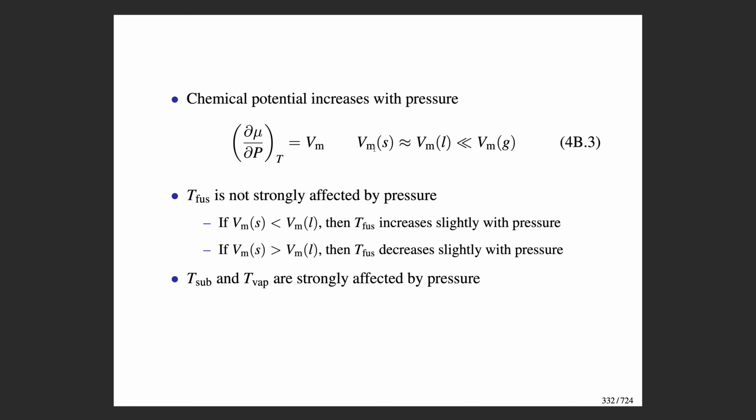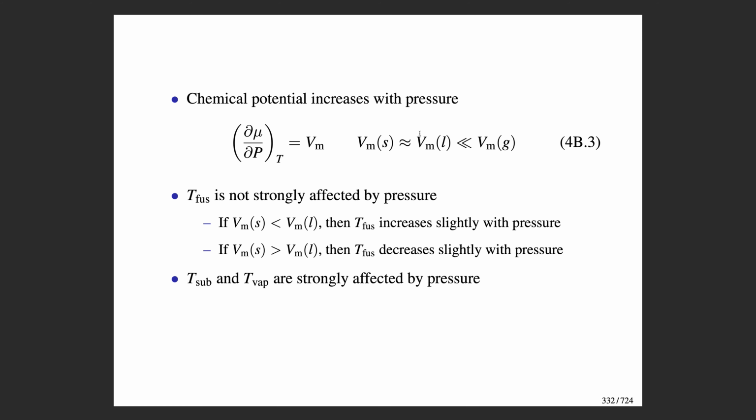For example, for water, it's the other way around. Ice has a larger molar volume than liquid water. Both of those, however, are condensed phases. These will both have much smaller molar volumes than a gas. Okay, and so that tells you something about this equation. What we'll find when we start looking at some of the diagrams is that the melting point of a substance is not going to be very strongly affected by pressure.